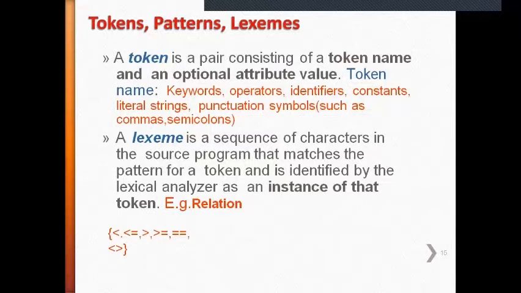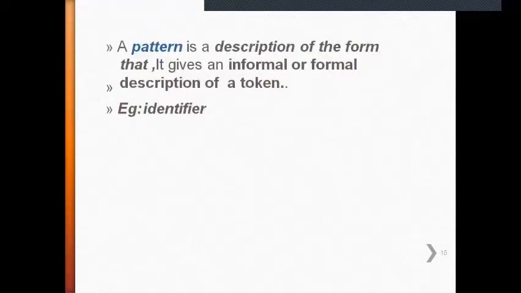For example, relational operators like greater than or equal to and less than or equal to are examples of lexemes. A pattern is an informal or formal description of the token, giving the rule about the token. For example, for an identifier, it should start with a character and have a maximum length. These descriptions are called patterns.